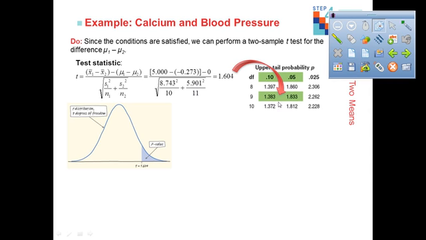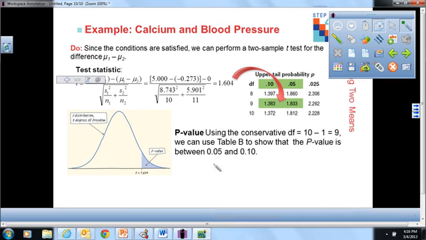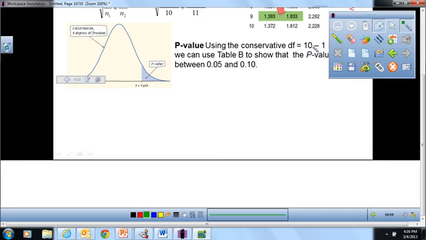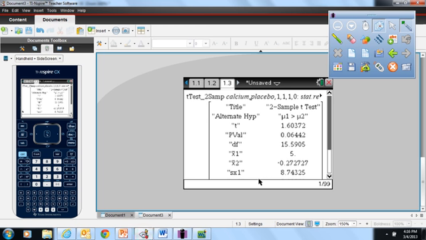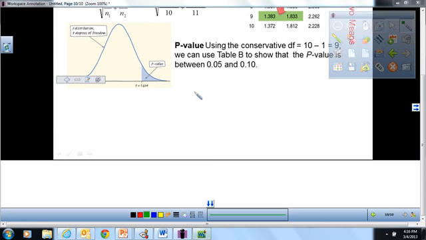So they did theirs here. If I were to do mine, remember I'm going to do mine a little bit different. So here we go. I'm going to take the values that I have from my calculator. So remember my calculator says that its x bar is 5. So I'm going back. I have 5 minus a negative 0.27, right?